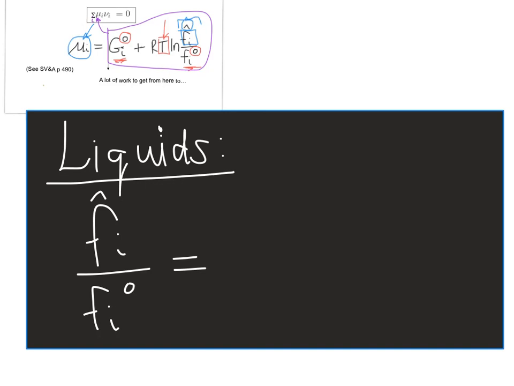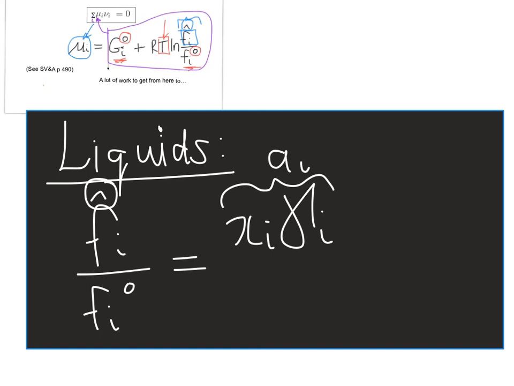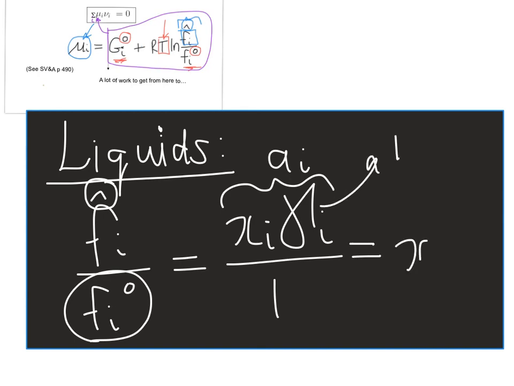For non-ideal mixing in the liquid phase, the fugacity in the mixture is given by its mole fraction times its activity coefficient, or its actual activity in that mixture, divided by, in the pure phase, its mole fraction, which of course is 1. For liquids that mix ideally, the activity coefficient is equal to 1, and this ratio simply reduces to the mole fraction of that component in the mixture.